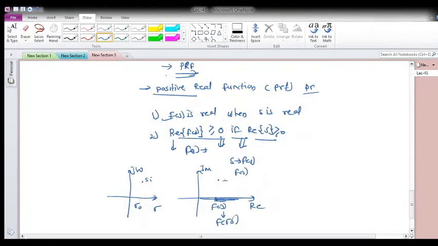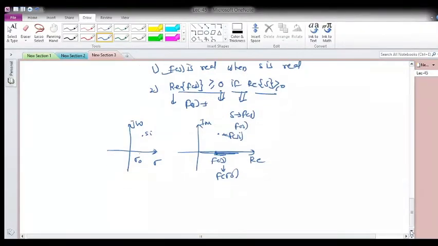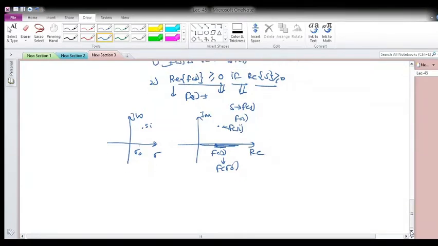Let me write, this point is my f of s i, which will also be in the right half of the f of s plane. Meaning that the real part of f of s is greater than or equal to 0 if the real part of s is greater than or equal to 0. It is a consequence that the real part of f of s is greater than or equal to 0 for a positive real function. It means the right half of the s plane maps onto the right half of the f of s plane.